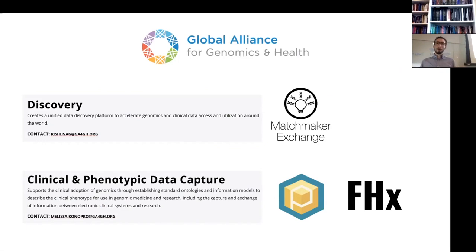So pedigree drawing and family history is a big part of what our software does, and it turns out that there aren't a lot of very fleshed out common data models for sending this sort of information around that really capture all of the details that you would want from a genomic perspective.